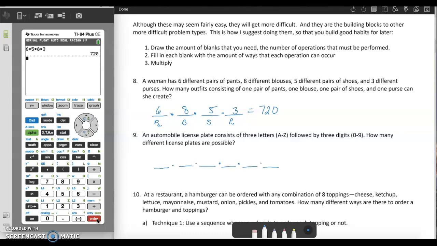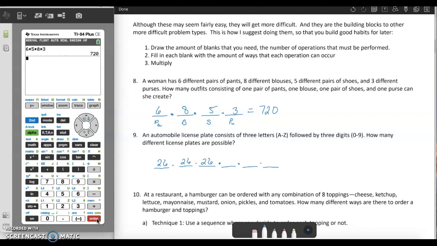So 6 total blanks here. Now, for the letters, A through Z. So how many choices are that? You need to know how many letters are in the alphabet. There are 26 letters in the alphabet. So for each one of these, there are 26 different choices.